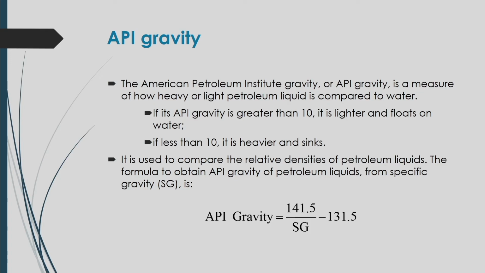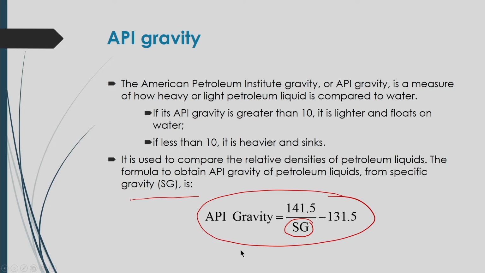So, it is used to compare the relative densities of petroleum liquids, and you can use this equation to obtain the API gravity as a function of specific gravity. Once you know the specific gravity of the fluid, you can easily calculate the API gravity.